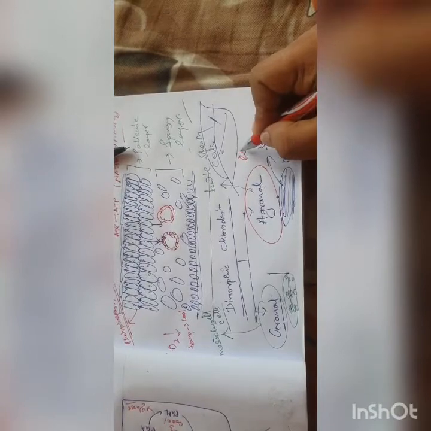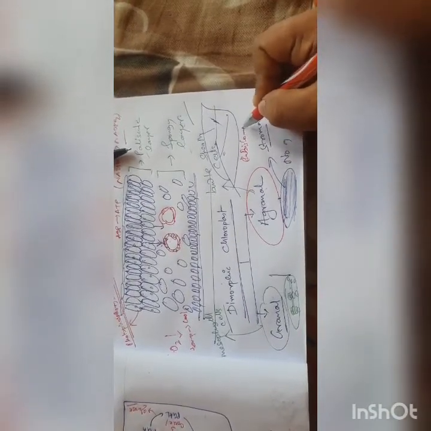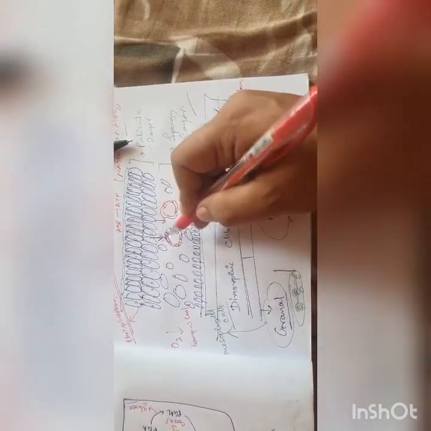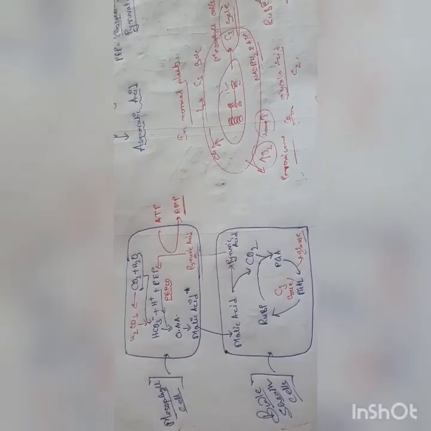And in the agranal chloroplast in the bundle sheath cell, the Rubisco will only act as carboxylase now, and not as oxygenase. Why? Because the oxygen concentration is low, deeply situated and occurring in the bundle sheath cells. What basically happens is, I'll tell you in a very lucid way.